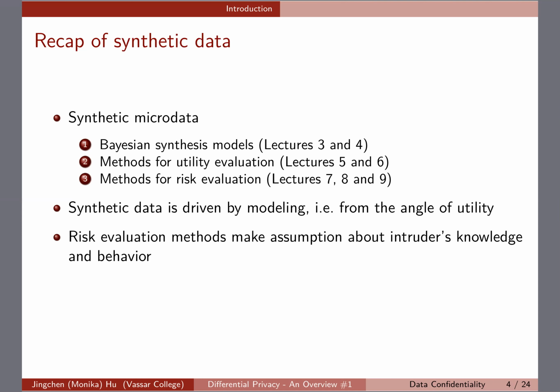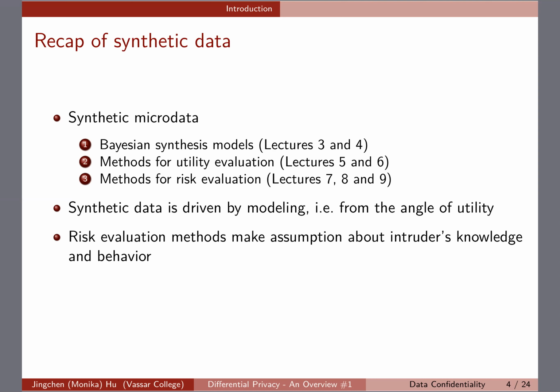And also, if you have multiple variables you want to synthesize, then you do it sequentially, things like that. And then we spent 5 lectures, or even 6, I think, because last week we were still talking about risk evaluation and all that, talking about how to measure the utility of the synthetic data and then the risk of the synthetic data.